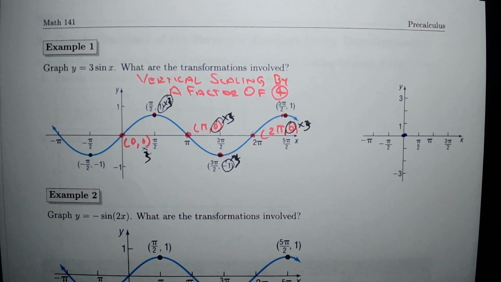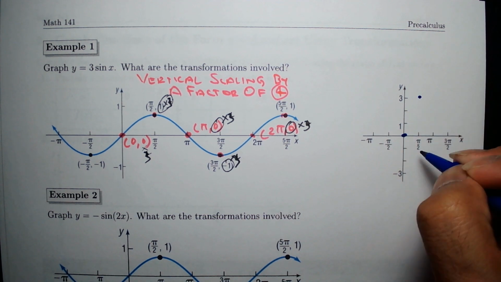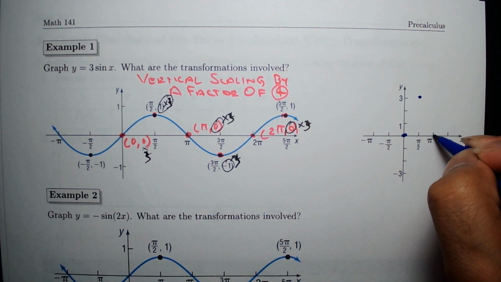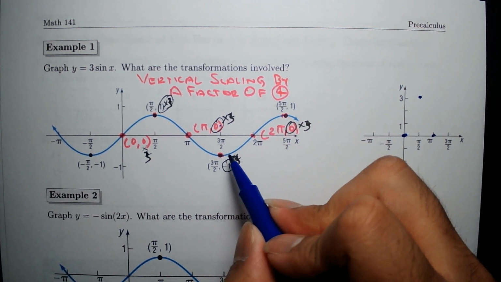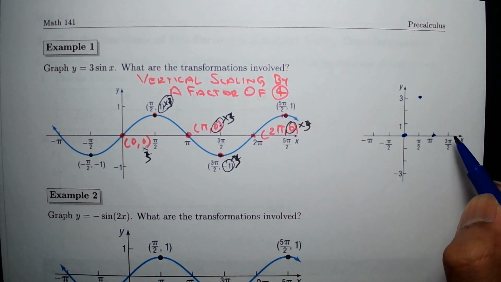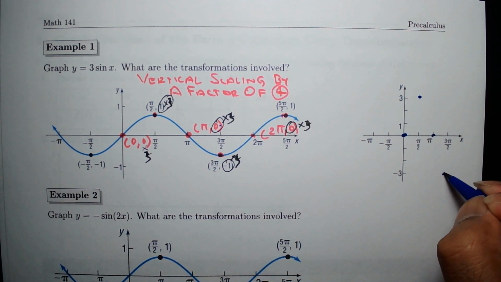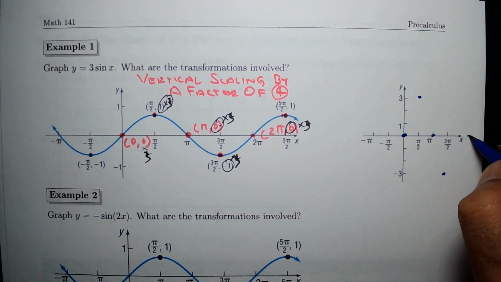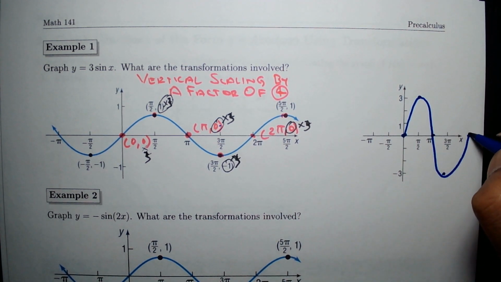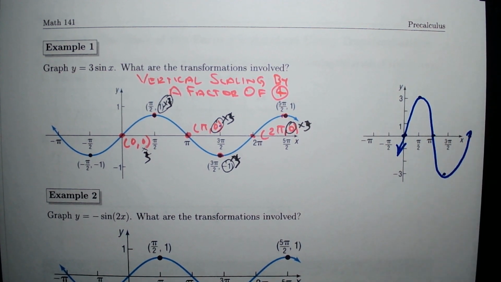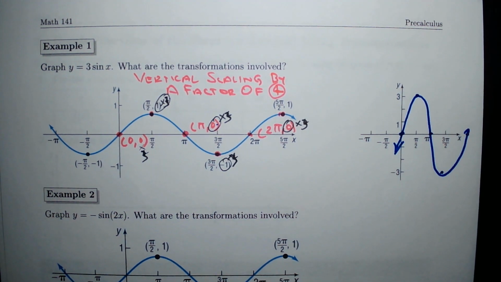So that becomes pi over 2 comma 3. Pi comma 0 is still pi comma 0, because 0 times 3 is 0. And then 3 pi over 2 comma -1 times 3 goes to -3. And 2 pi is somewhere here. So it's only a vertical stretching, or vertical scaling.